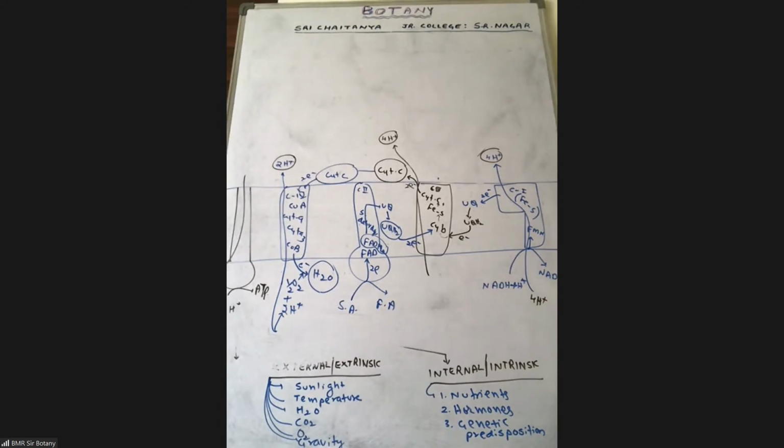Which oxidation of the TCA cycle was forming FADH2? Oxidation 3, nothing but oxidation of succinic acid to fumaric acid. The remaining oxidations were forming NADH, but this oxidation forms FADH2.